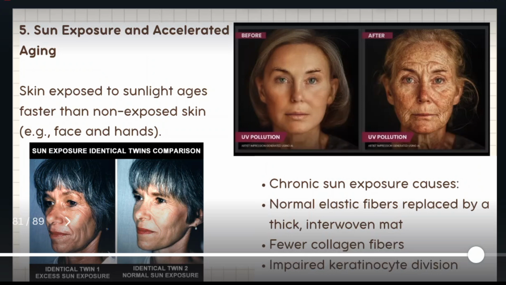So, if you look at how people who are always in the sun sometimes look older, it is because the sun damages the fibers that keep the skin tight and smooth. It also breaks down collagen, a protein that keeps our skin firm, and slows down the skin's ability to heal.